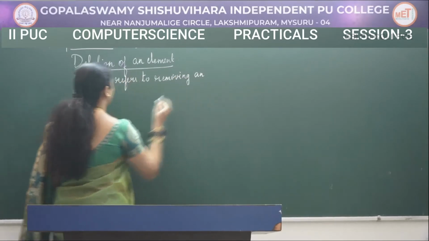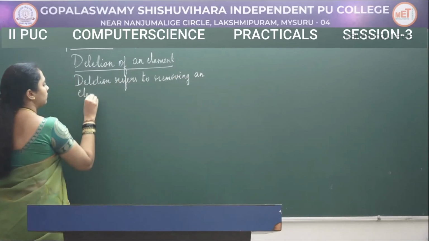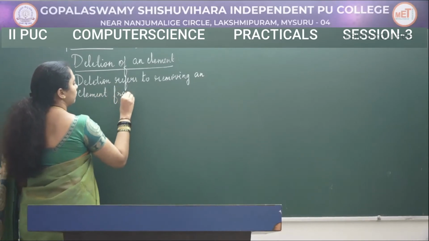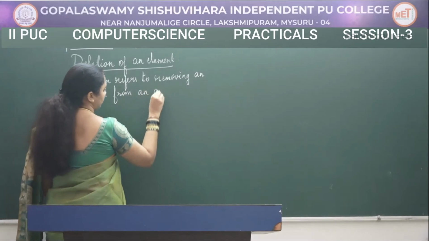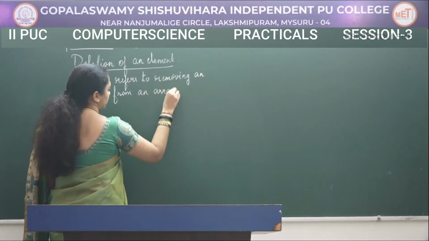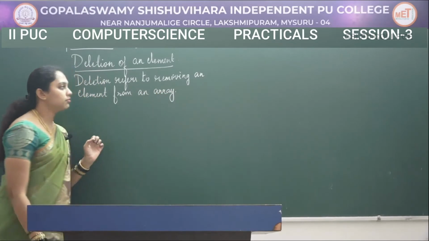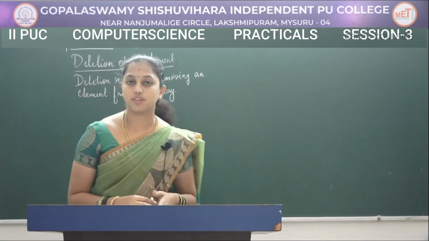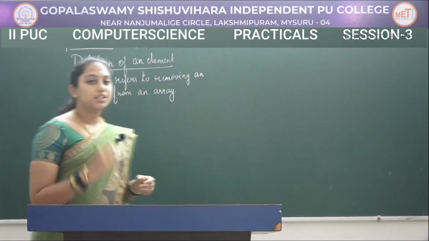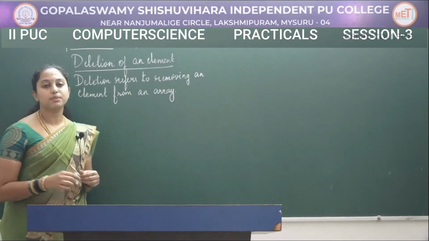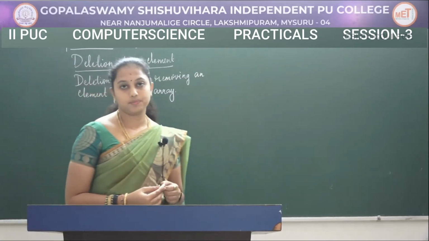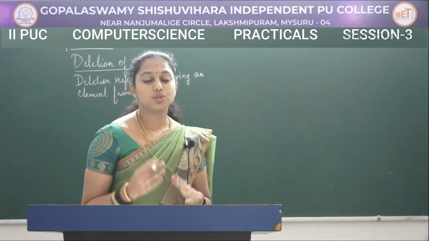So deletion refers to removing an element from an array. When a particular element is deleted from an array, all the subsequent elements in an array have to shift to its lower positions.